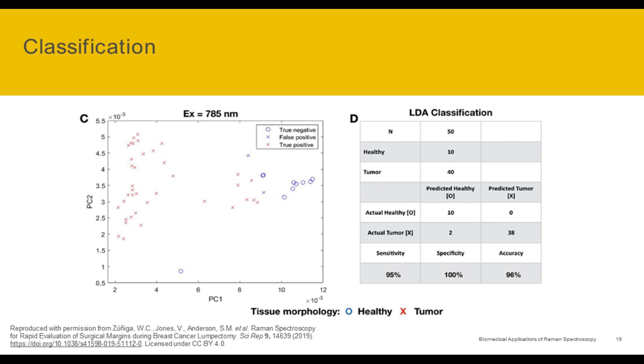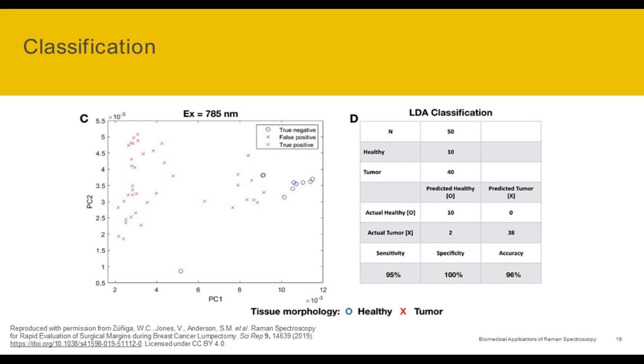On the left is the 785 nanometer PCA data, and on the right is the LDA classification results. For the classification, we can see that 10 out of the 10 tissue samples that the pathologist deemed healthy were correctly classified as healthy, and that 38 out of the 40 tumor tissue samples that they classified as tumorous were also predicted by the model to be tumor samples.